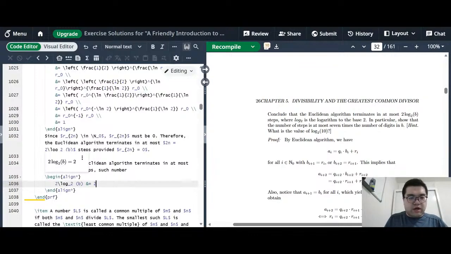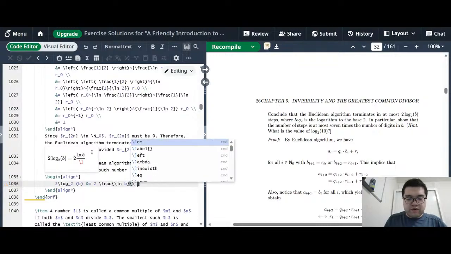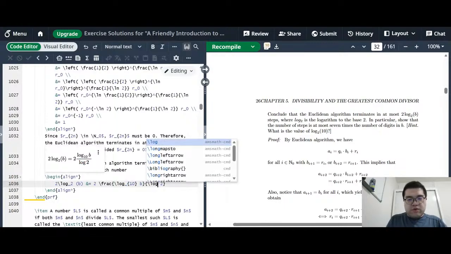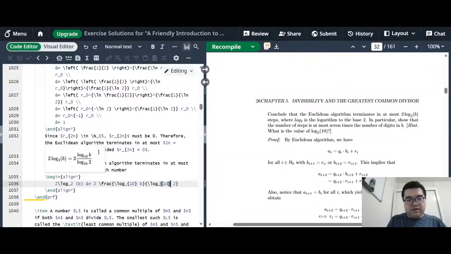So we can rewrite log base 2 into the fraction ln of b over ln of 2. Or actually, again, it is not forced to be using natural log. We can actually use any base. So we can do something like this. We can change it to base 10, like so.